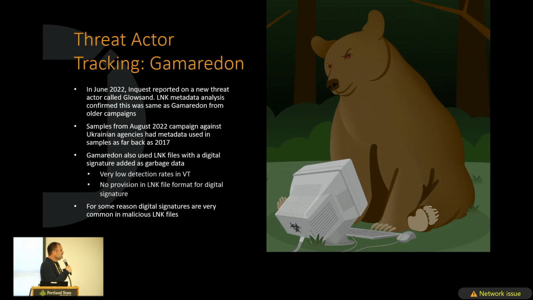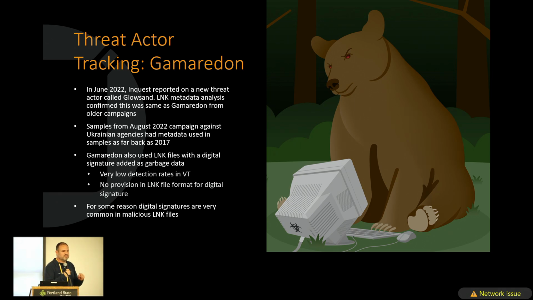So one thing that Gamma Radon did at the time was they had phishing or malspam emails with a document attached, a Word document. And inside the Word document, they had a link file, as an OLE object. When you click that link file inside the document, it would open and execute the PowerShell scripts that were the characteristics of Gamma Radon at the time.